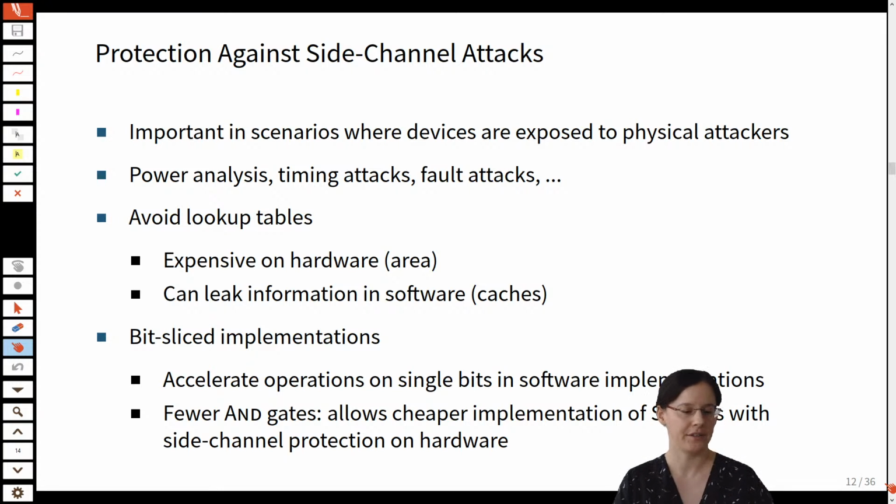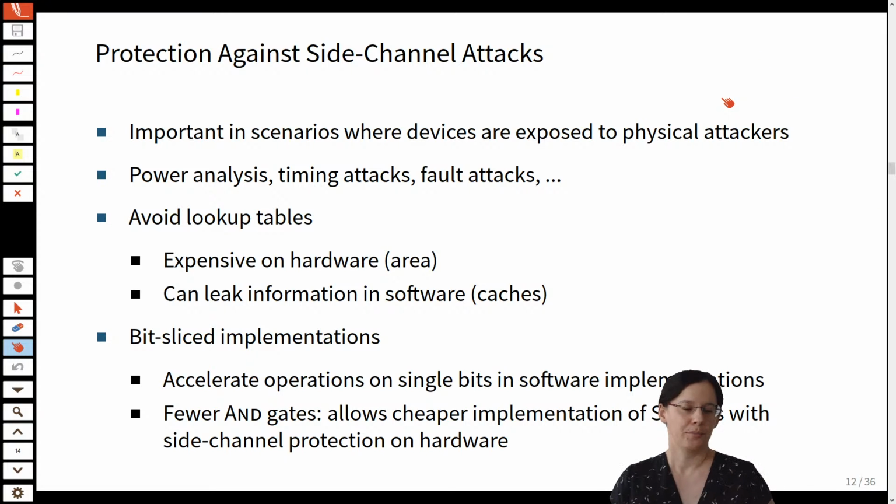Another thing where these bit-sliced implementations are relevant is if you try to protect against other sorts of side channels, such as power analysis attacks, because one of the main defense strategies against such attacks is masking. And for this, you need to mask this S-box circuit, and the fewer gates it has, specifically the fewer nonlinear gates it has, the cheaper this is.